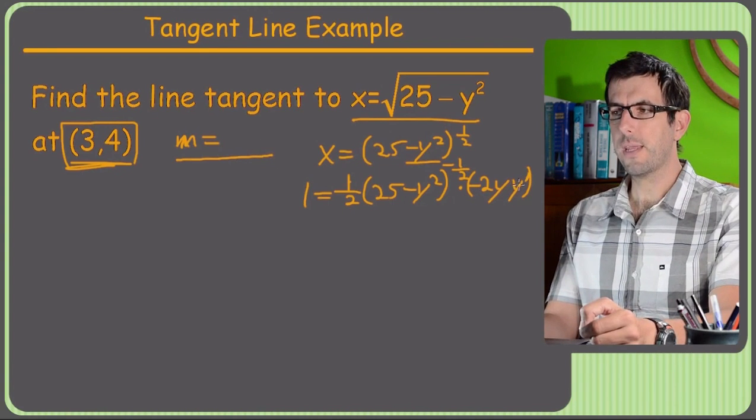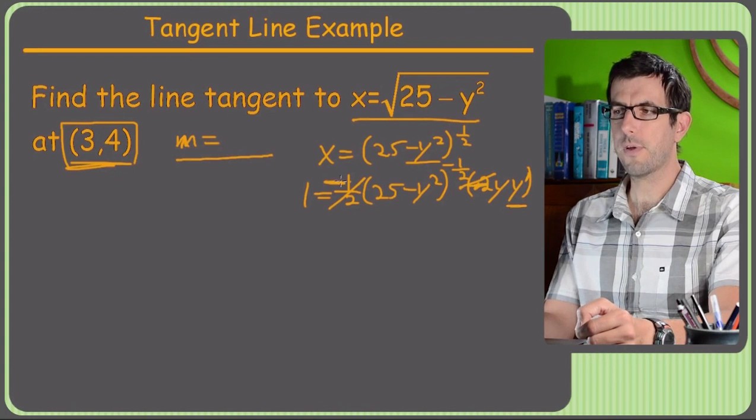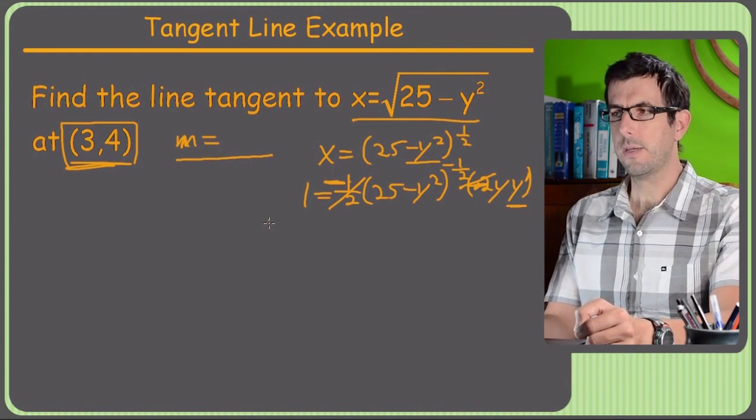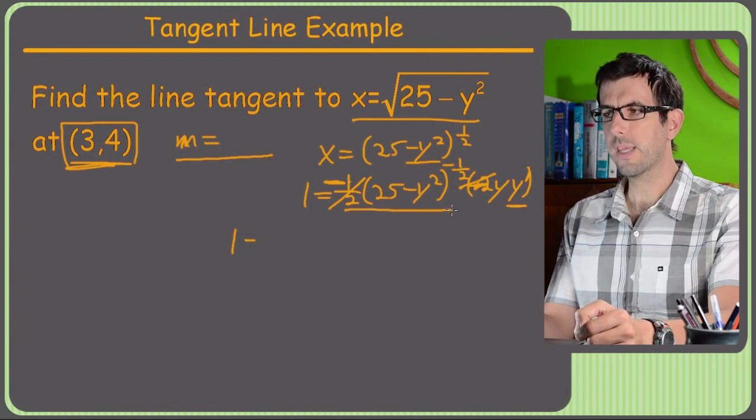So at this point, if I want to find y prime, I just need to get it by itself. Right now it's over here buried amongst all this junk. I just need to bring it to the forefront. So this negative 2 cancels the 1/2 and just leaves a negative. I just moved this negative sign out front where I wouldn't forget about it. So I've got a 1, and then I've got to divide by everything except the y prime.